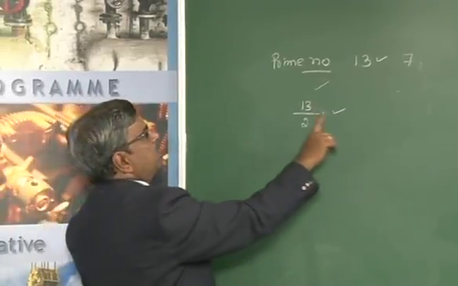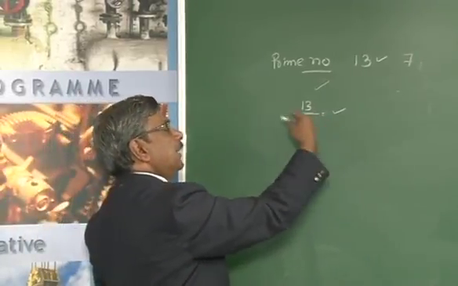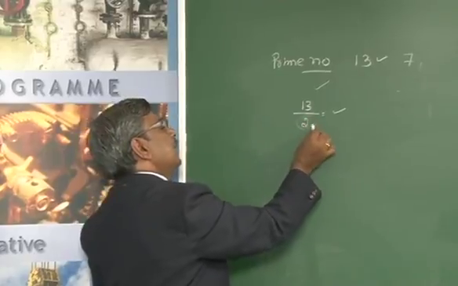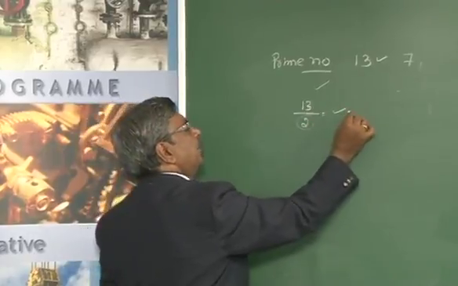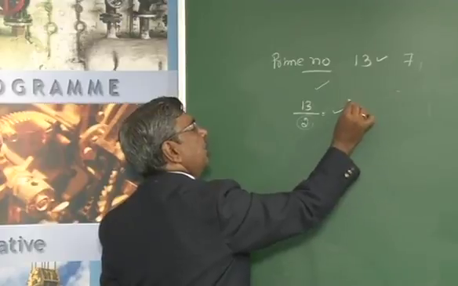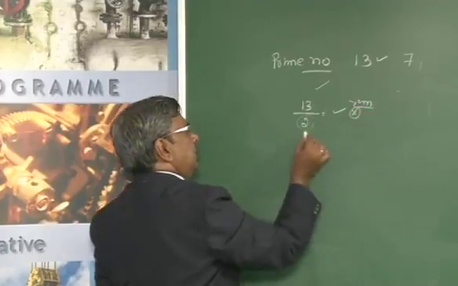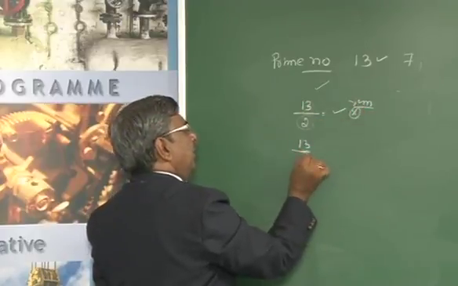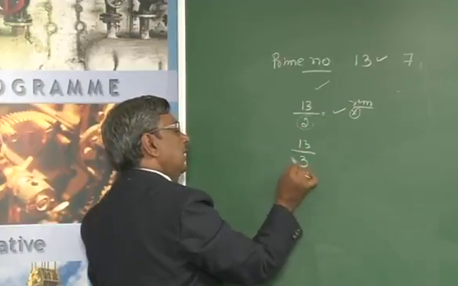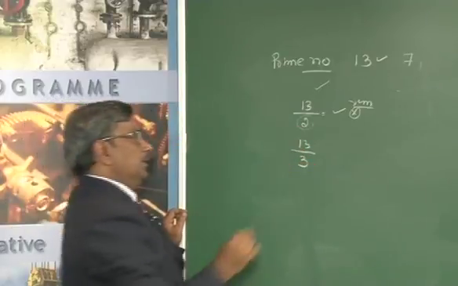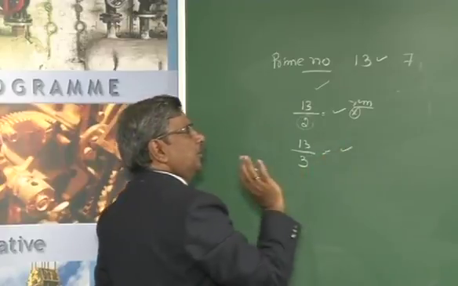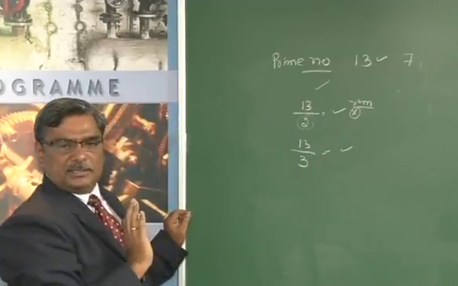If the remainder is 0, then it is implied that the number is divisible by this number. When you divide it by 2, the remainder will not be 0. Next, the same number I will divide by 3. If you get remainder 0, the process is over, the given number is not a prime.